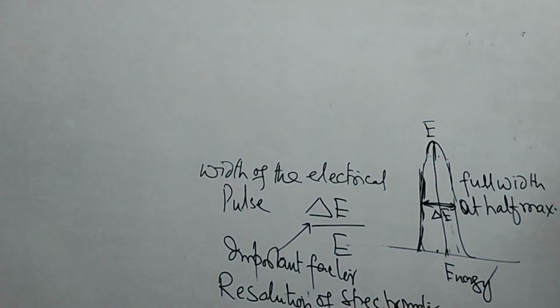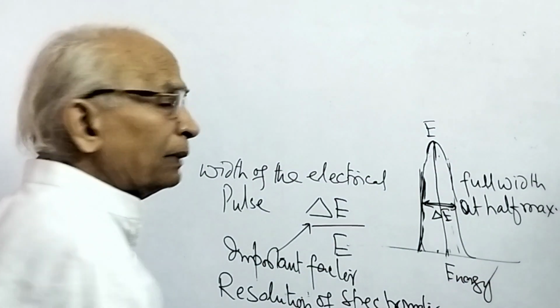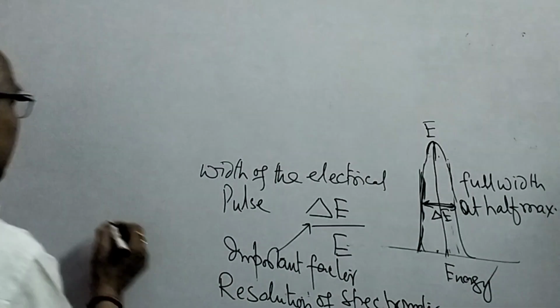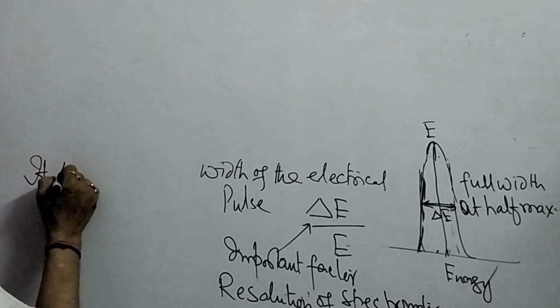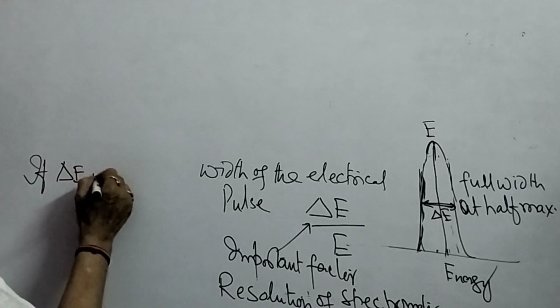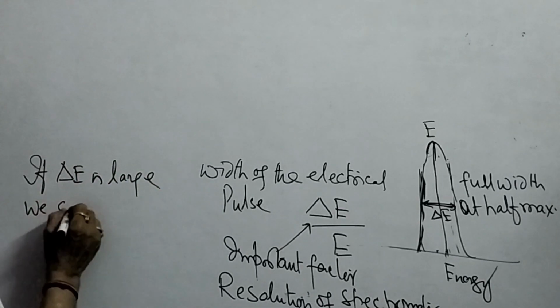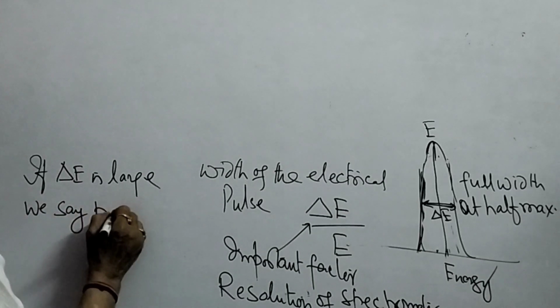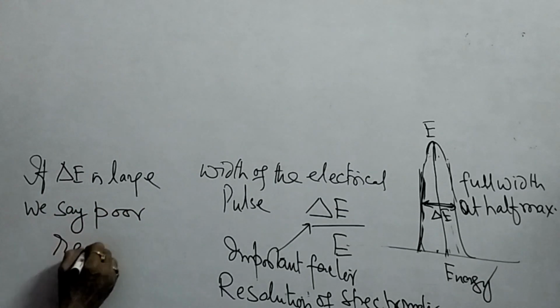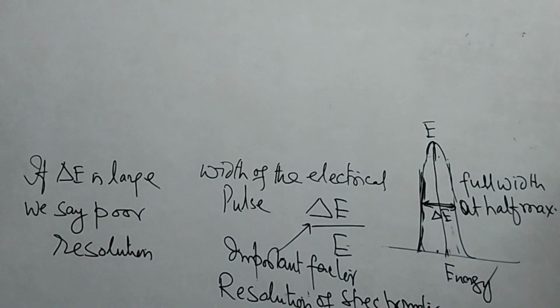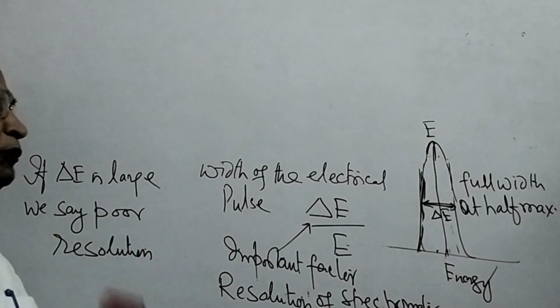What does the resolution mean? If the delta E is very large, what will happen? You will miss many other nearby pulses. If delta E is large, we say poor resolution. So in a good spectrometer, what is required is delta E should be minimum. Somehow broadening should be decreased.